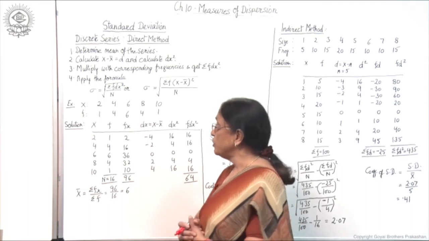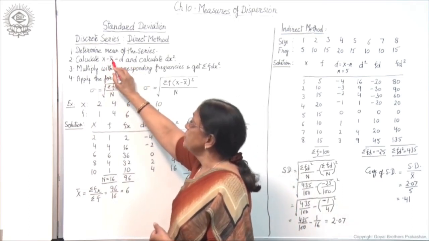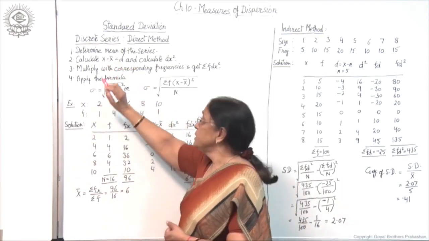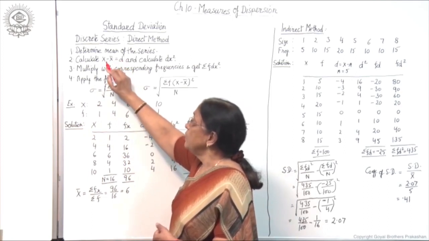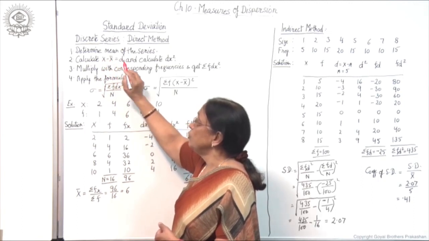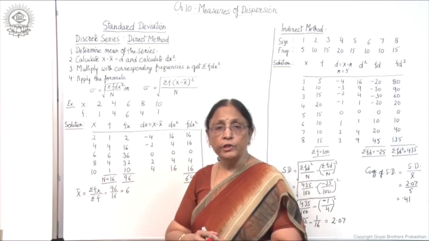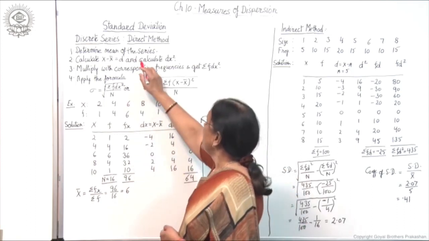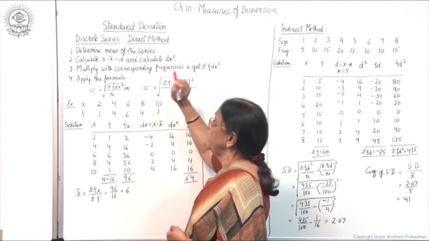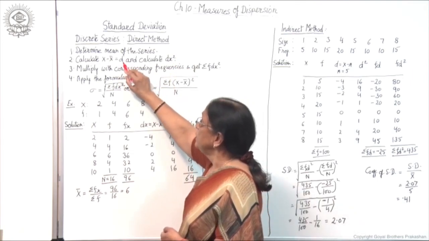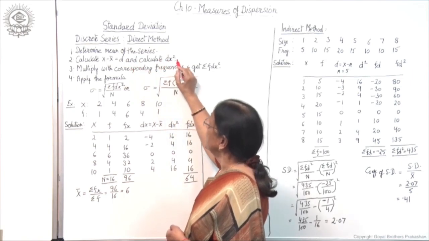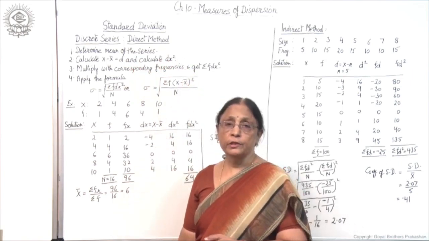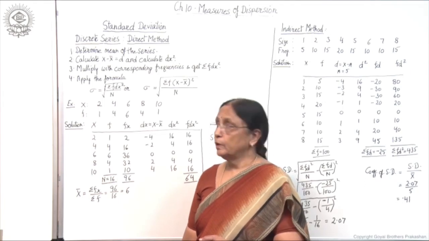You have to calculate actual mean and then calculate x minus x bar. That means x bar is the actual mean. Now deviations are taken out by following this method, x minus x bar is equal to d. These are the deviations from mean, and calculate dx square. So when you calculate d, or dx, then make a square of it and it becomes dx square, right.